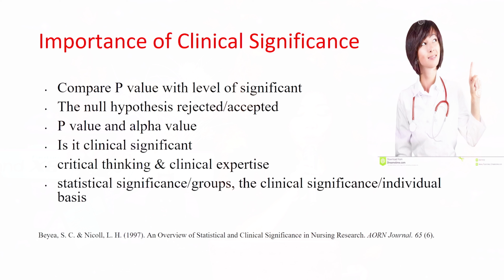While statistical significance is in relation to groups, the clinical significance is more of an individual basis. Thus, the study results are applied in order to determine the clinical significance.